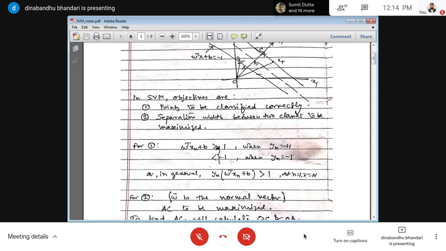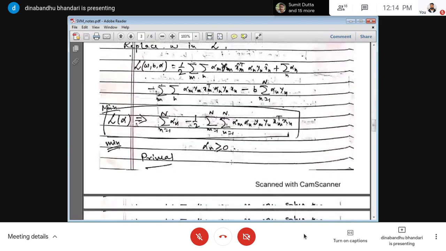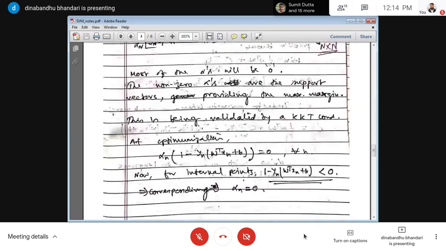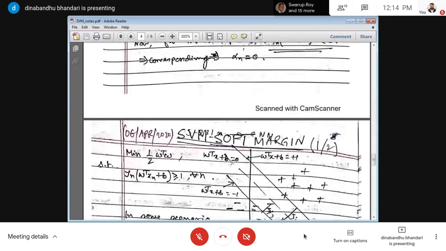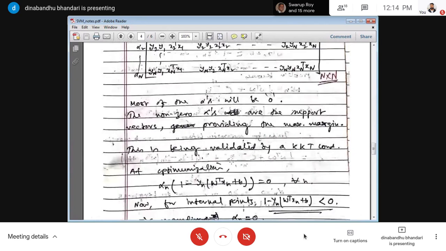What KKT says, I'll come back here. I think I have written it down here. Oh, yes. What KKT says is that at the optimum point, when we get the optimum alpha, for all this, this was a constant, right?